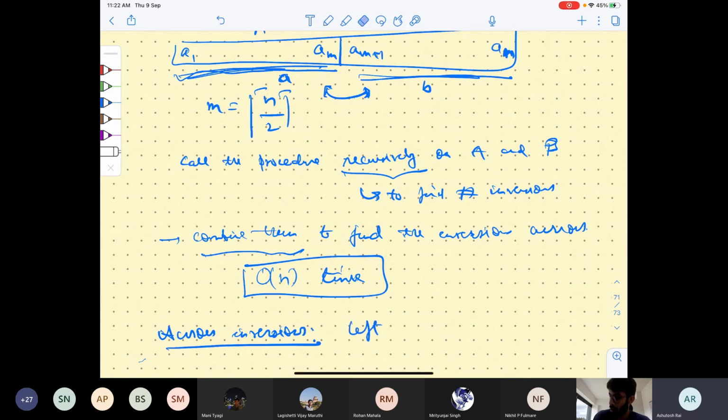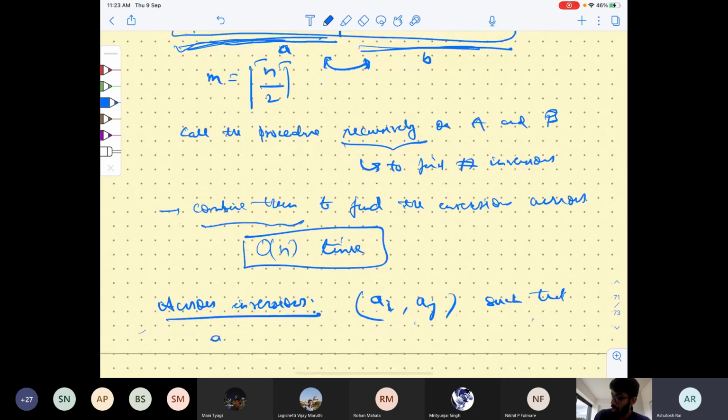So across inversions, how do they look like? Let's say more formally. They are of the form AI, AJ, such that AI is in A, AJ is in B, and AI is greater than AJ.